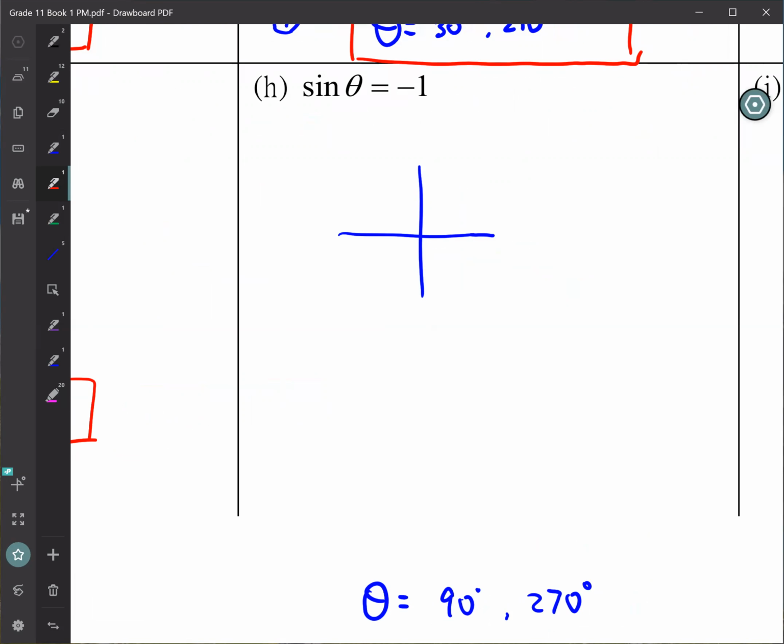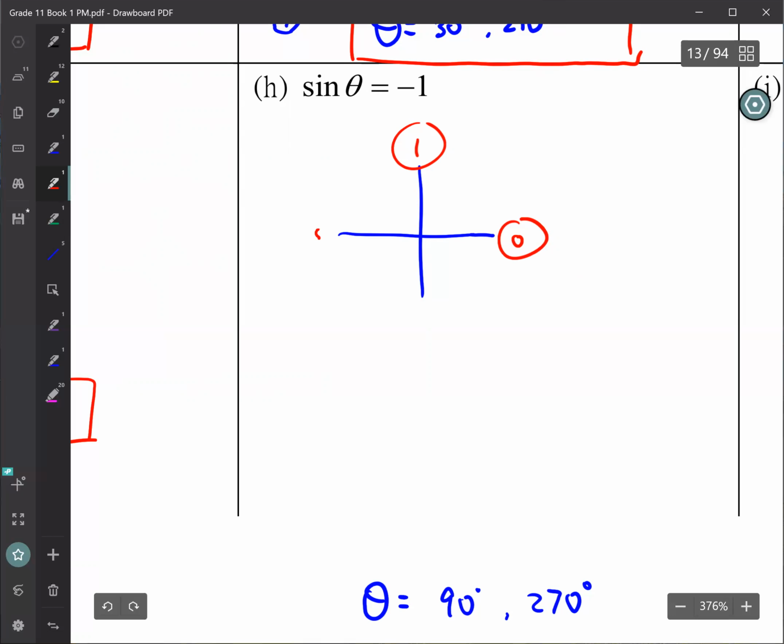Starting from where? Can you draw it on the screen to show us? Oh, I don't know how to draw it on the screen. Okay, how about here? What number do I put there? 0. Okay, how about up here? 1. And then 0, 0, and then? -1.